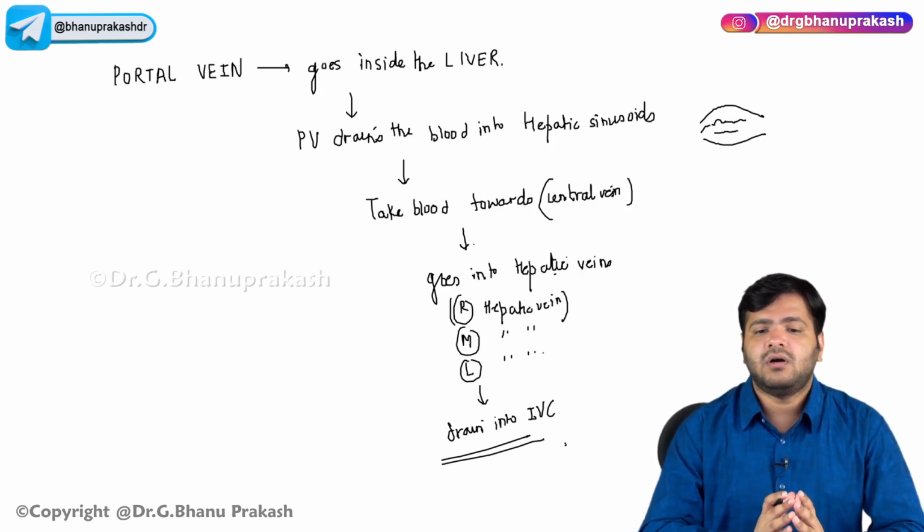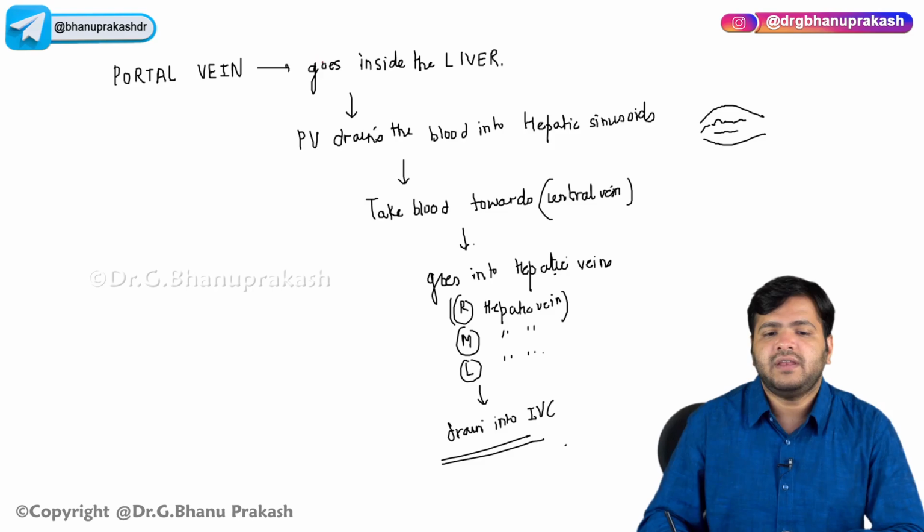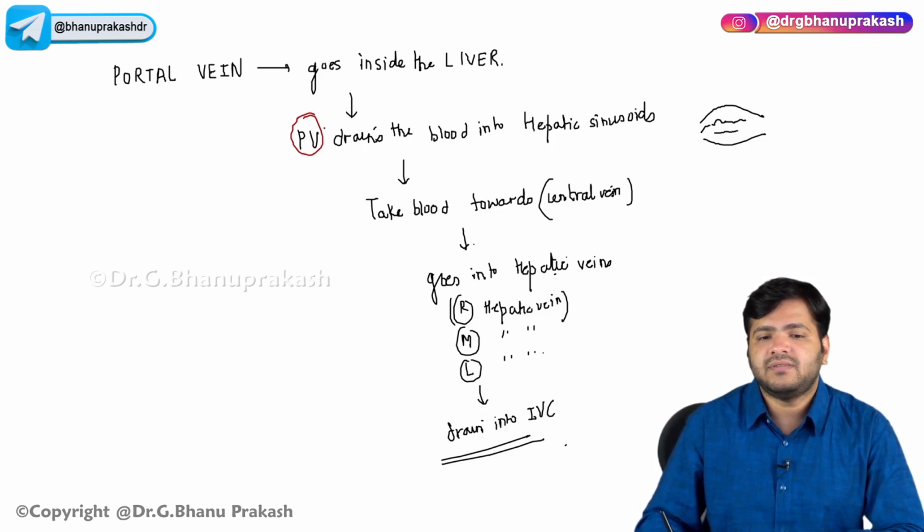So that is how, if I ask you about these whole structures, beta: the portal vein basically divides into the right and the left branch.